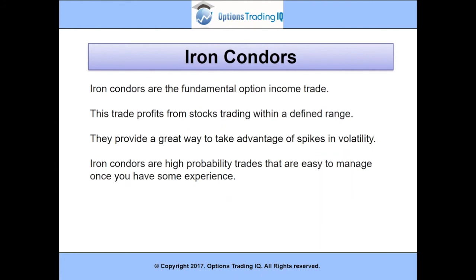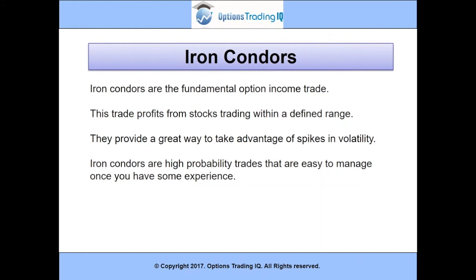So iron condors, again, some of you are pretty familiar with these. Some of you have probably been through my 10-part course, so hopefully you've been through that. If you haven't, you can sign up for that, no problem. Iron condors are the fundamental option income trade. This trade profits from stocks trading within a well-defined range. They provide a great way to take advantage of spikes in volatility, so you can sell volatility when you get that big spike.